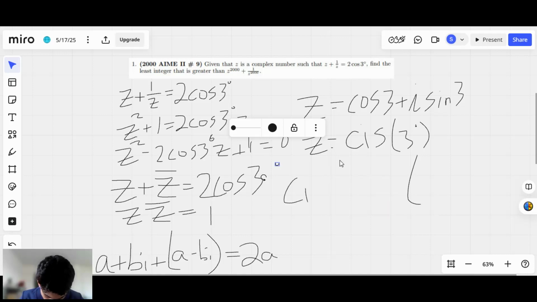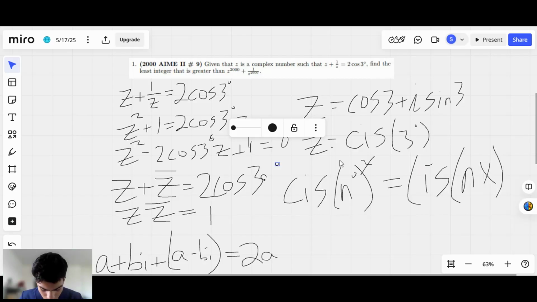If we have cis of n degrees to the x, this is equal to the cis of nx. This is essentially what De Moivre's theorem states.